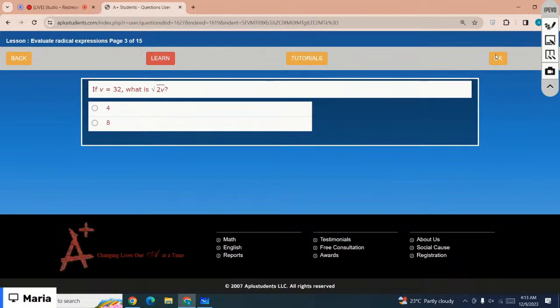If v equals 32, what is square root of 2v? Replace v with a value, right? v equals 32. So which is the correct option?